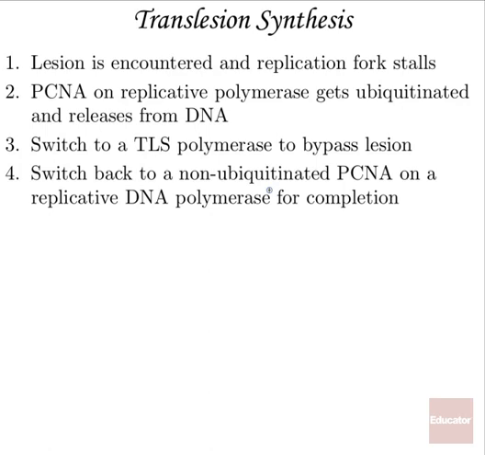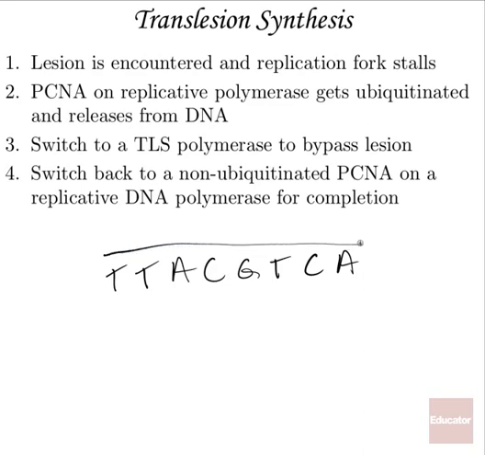Now we can switch to a translesion synthesis polymerase that bypasses the lesion regardless of what that sequence is. So it could be T, T, A, C, G, T, C, A. So this is 5 prime, so we're trying to synthesize this way.